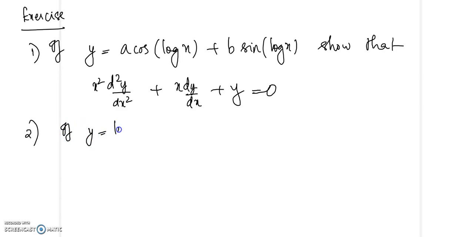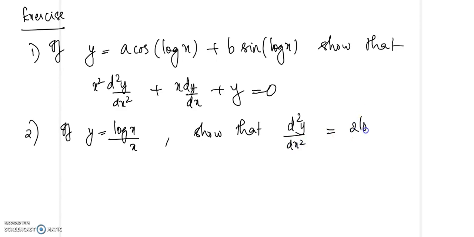Next, y equal to log x by x, and show that d square y by dx square is equal to 2 log x minus 3 by x cube.